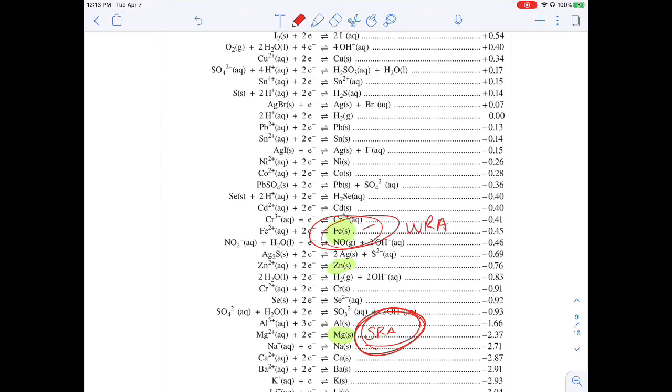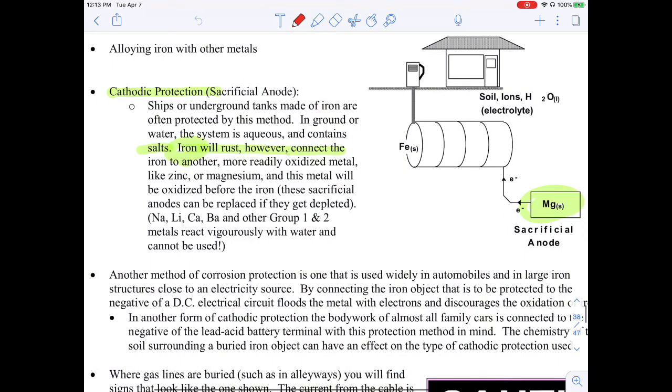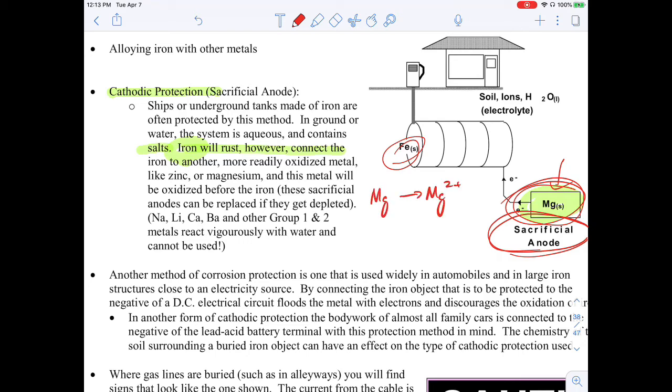So cathodic protection creates a sacrificial anode where the magnesium is going to corrode instead of the iron. They connect it so that the electrons are taken from the magnesium instead of the iron, so you get magnesium solid becoming magnesium ions plus 2 electrons, instead of iron solid becoming iron 2+ plus 2 electrons. So the magnesium is sacrificed, and that's called cathodic protection.